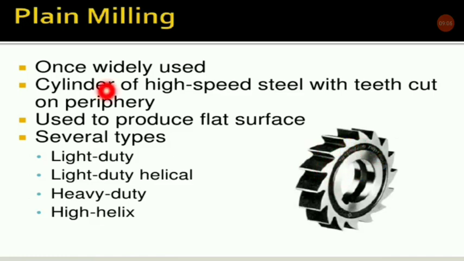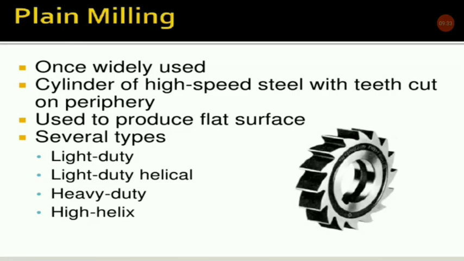It is a cylinder of high speed steel with teeth cut on the periphery. It is used to produce a flat, even surface, just to remove material from the surface of the metals. That is the main function of a plain milling cutter.